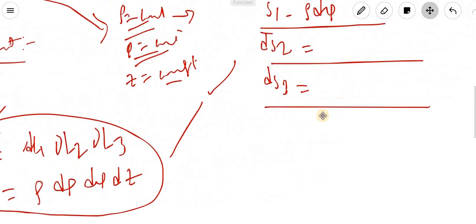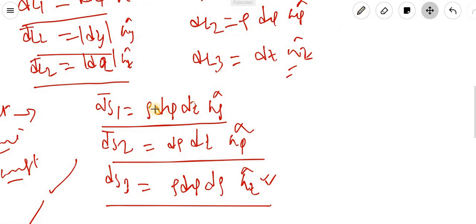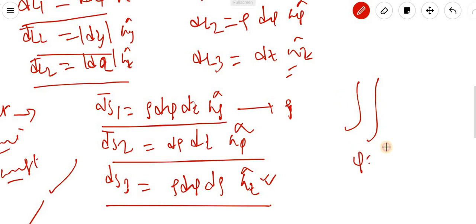If you simply check this one, rho d phi dz, what is the total area? Suppose rho is constant, some value. What is the surface? Phi varies from 0 to 2 pi and z varies from minus h by 2 to plus h by 2, with rho d phi dz.